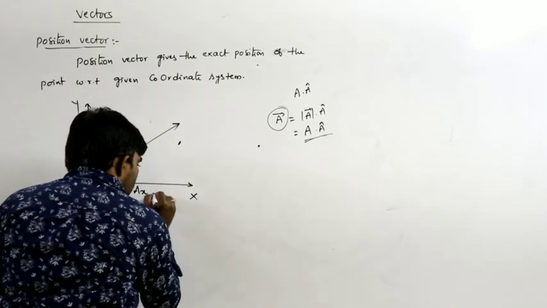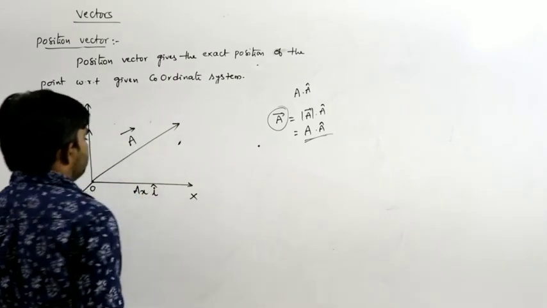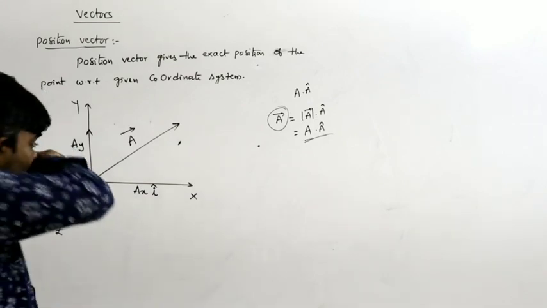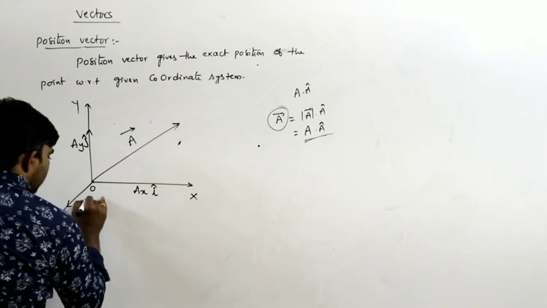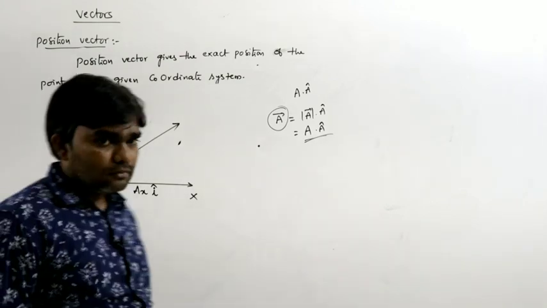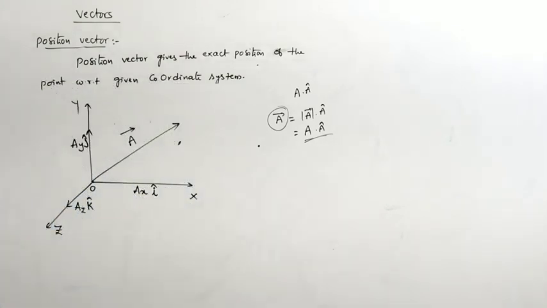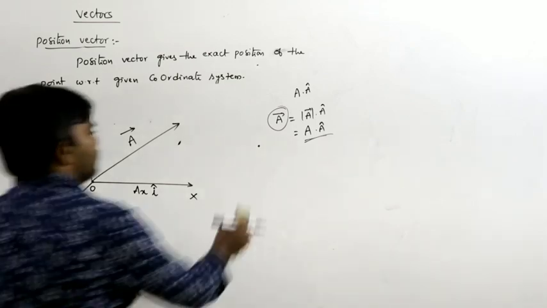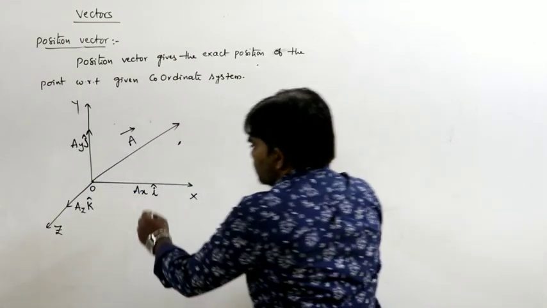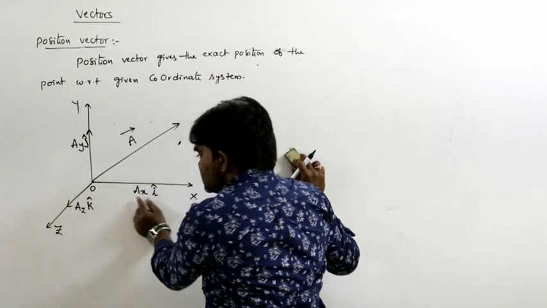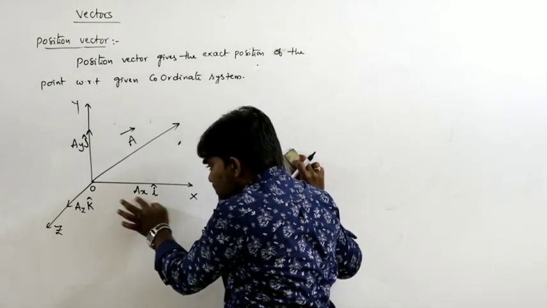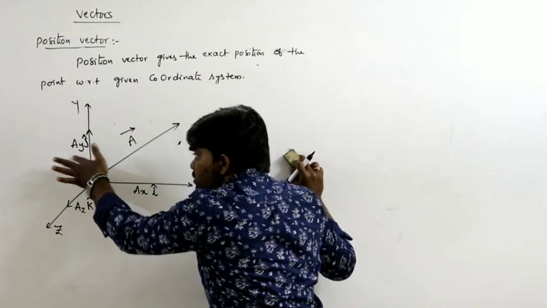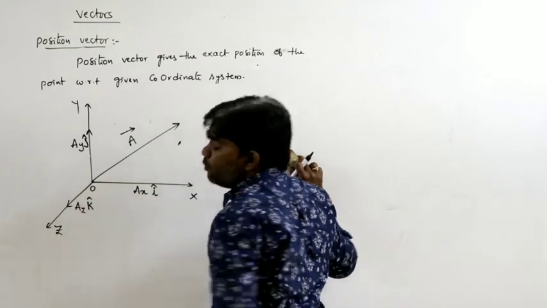So magnitude into unit vector i cap indicates the vector, AY into j cap, AZ into k cap. That is the vector representation. AX is the magnitude along the x axis, and the unit vector gives its direction. That means AXi is a vector, AYj is a vector, AZk is a vector.